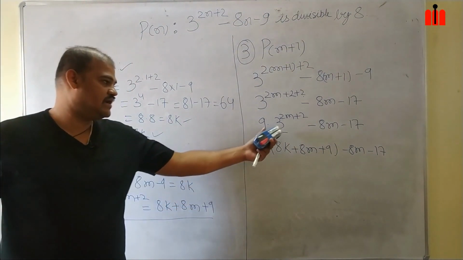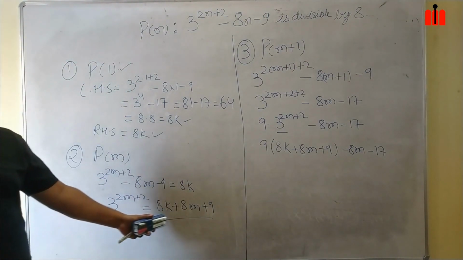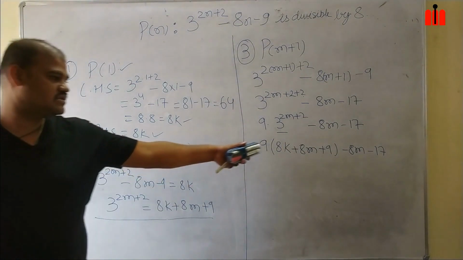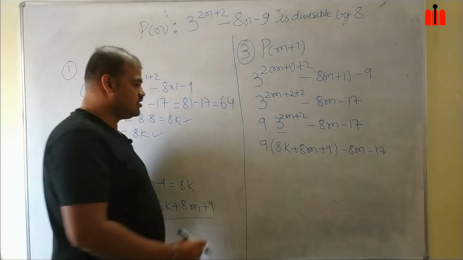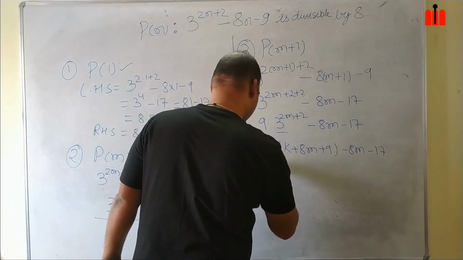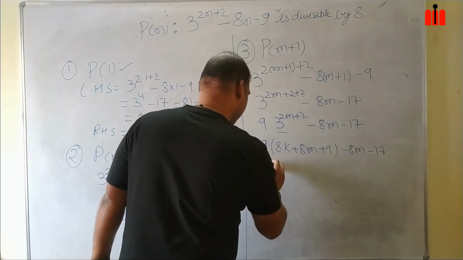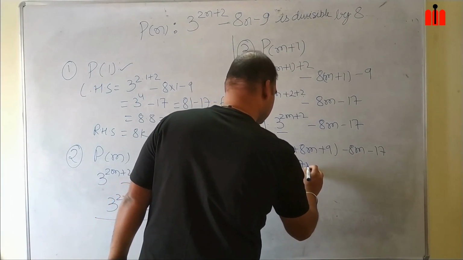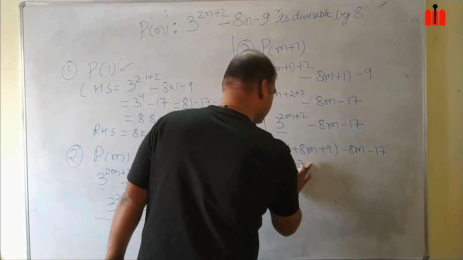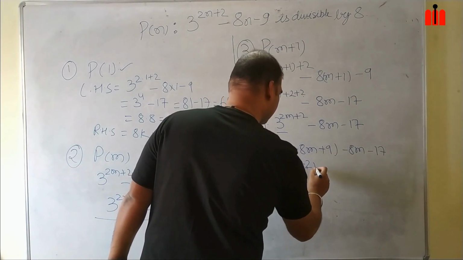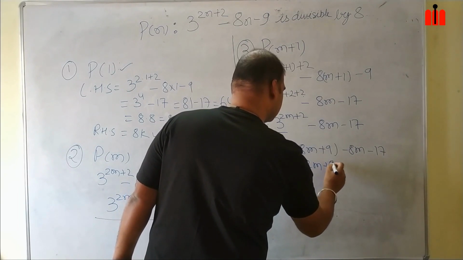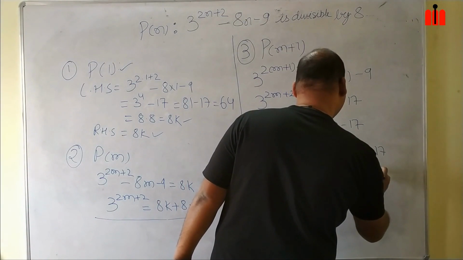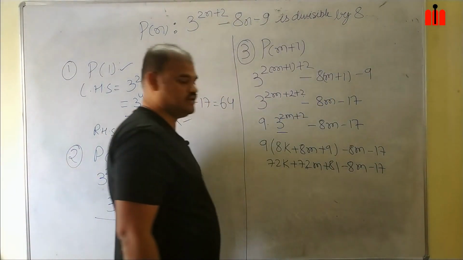So what I had done, I had substituted 3 to the power of 2m plus 2 from here, which is 8k plus 8m plus 9. Multiply with 9 in this bracket, then you will get 72k plus 72m plus 81 minus 8m minus 17.